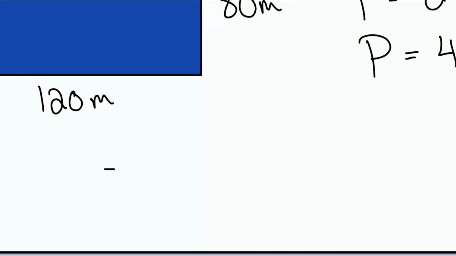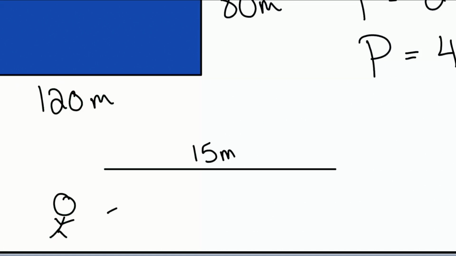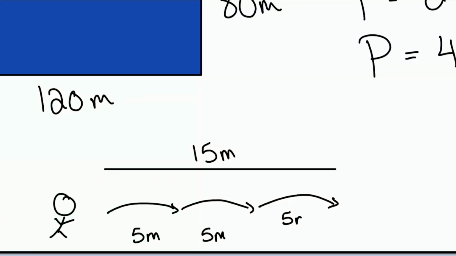Let's say we're looking from point A to point B. Let's suppose that this is 15 meters. Let's just make it a lot shorter, right? Everybody, if our stride is 5 meters at a time, how many strides are we going to need to cover 15 meters? You tell me. If I divide 15 by 5, that's going to be 3 steps. 5 meters in the first step, 5 meters in the second, 5 meters in the third, and that makes the 15 meters.